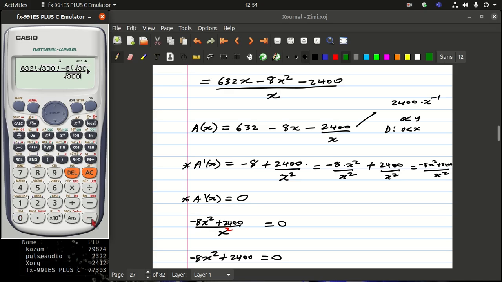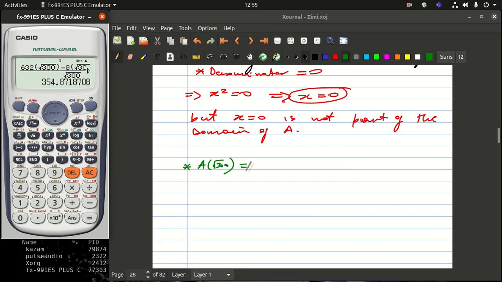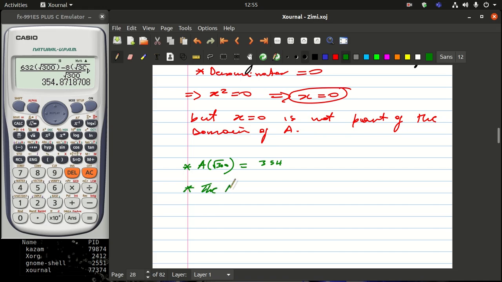So the final answer we are getting here is 354. So here your area is supposed to be 354, right?